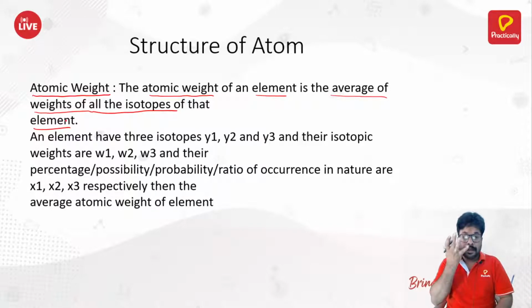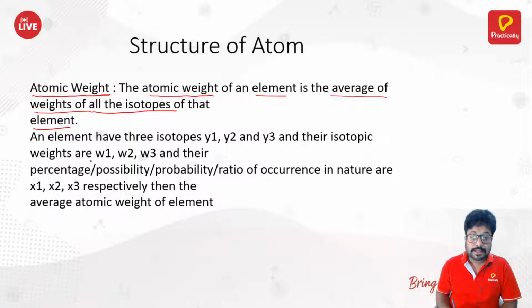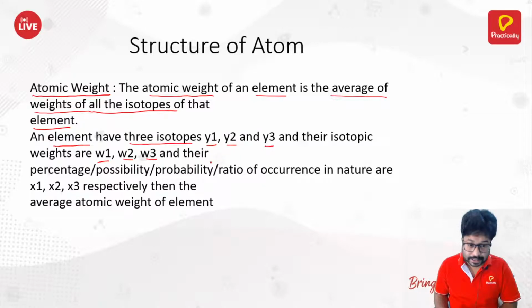For example, suppose there is an element which has three isotopes, y1, y2, y3, and their isotopic weights are w1, w2, w3, and their percentage, or probability or ratio of occurrence in nature, are x1, x2, x3 respectively.